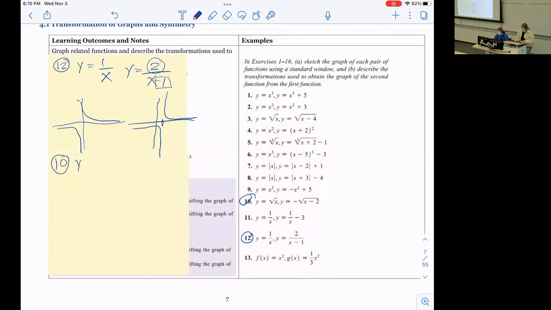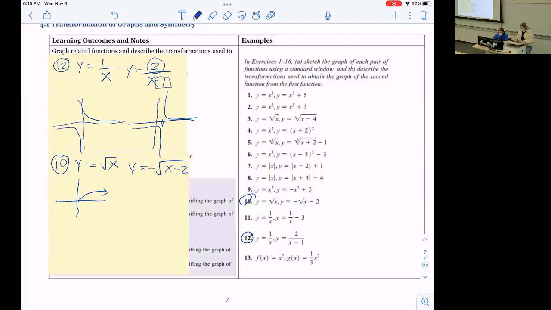So for 10, we're given y equals the square root of x, and then y equals negative square root of x minus 2. So in this one, the original graph is going to look something like this. And in the second equation, we have two transformations.